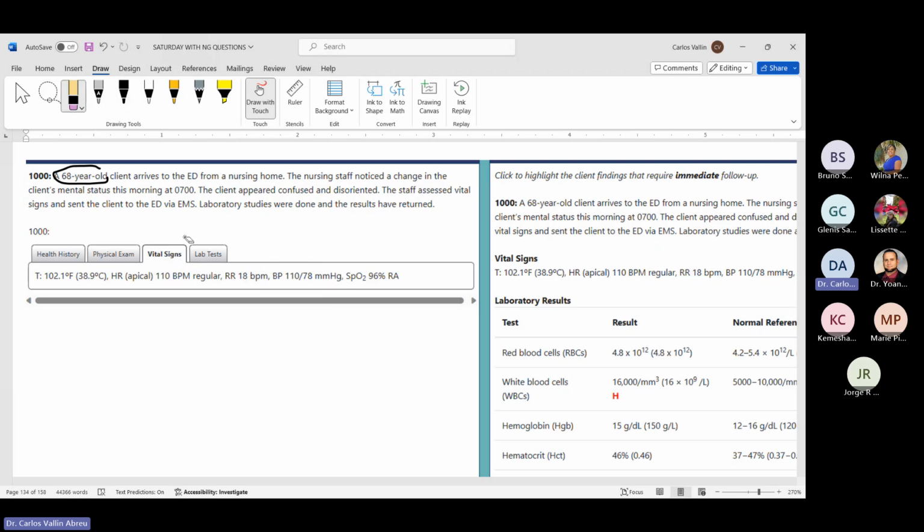It's not given in this scenario. A good scenario in the NCLEX would probably give you this information. But now you know how to elaborate mentally if this situation presents to you. The oxygen saturation in room air is normal. So this is the presentation.